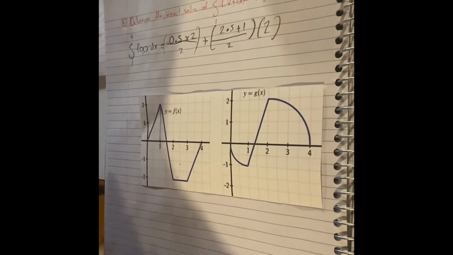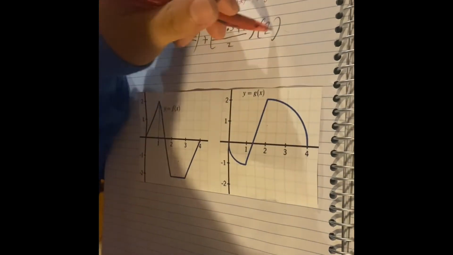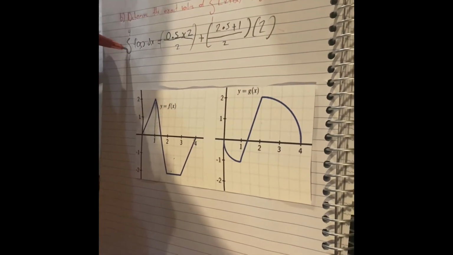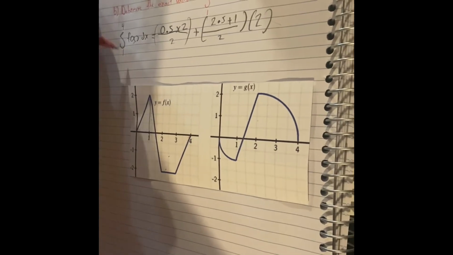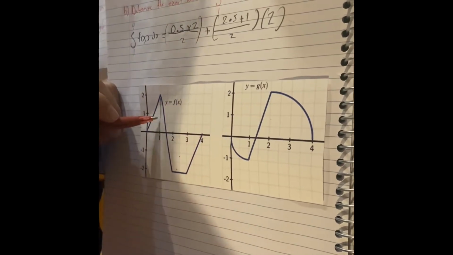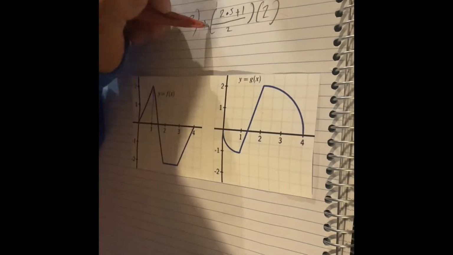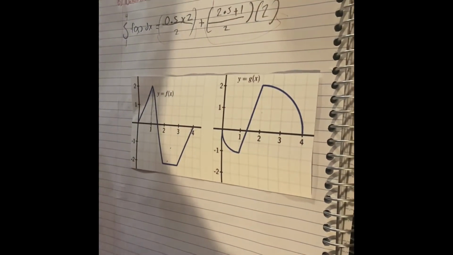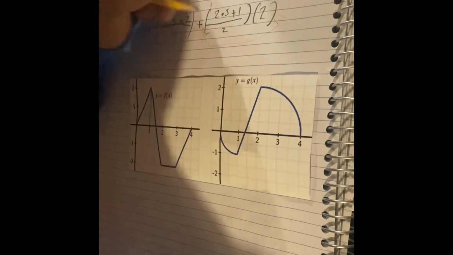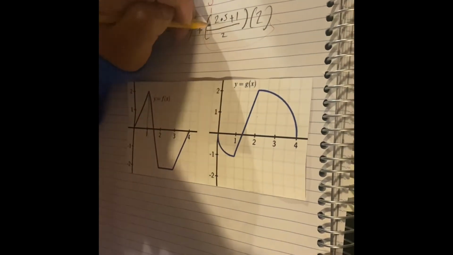So here's the area of the integral from 1 to 4 of f of x, because here the triangle is this and the trapezoid is this. So if we add everything up, it's negative area.